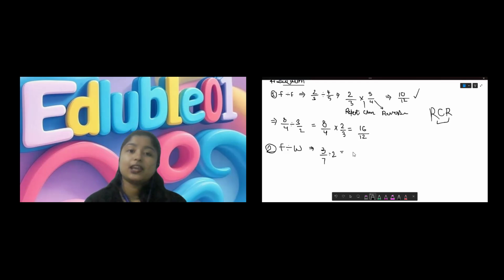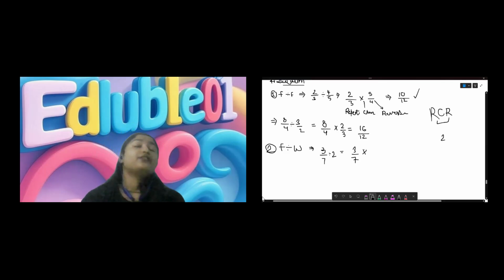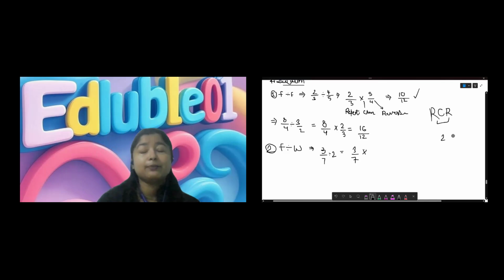So write the same 3 over 7. That's the repeat. Then change the sign to multiplication, and now reverse. Reverse what? It's just the whole number. Remember the logic that we applied when solving multiplication by a whole number: you just put a 1 under it.